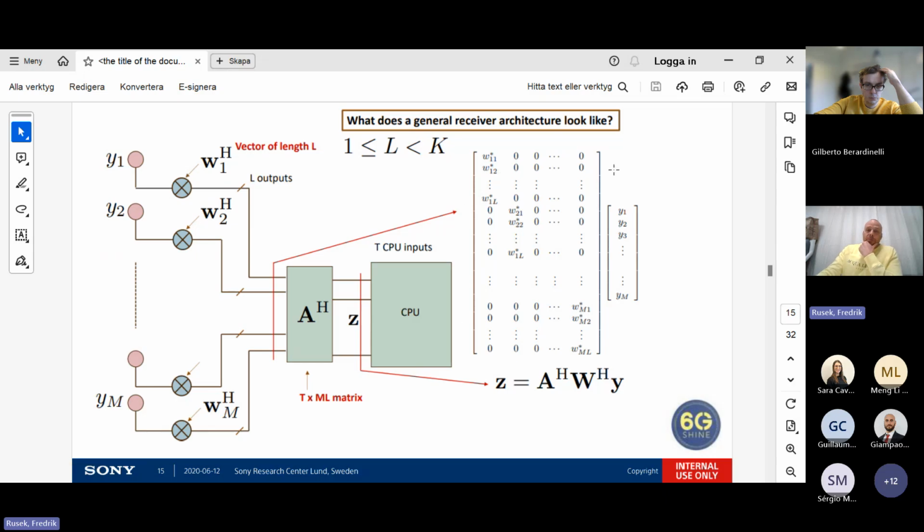Then you have the output of this big matrix multiplication, written as W Hermitian Y. It is input to A Hermitian, and out comes this set, which has exactly T coefficients or dimensions. We still don't know which L and T combinations are permissible from a mutual information perspective.